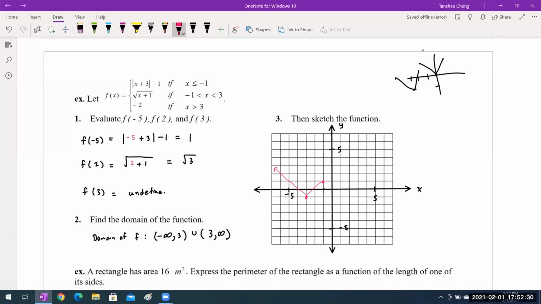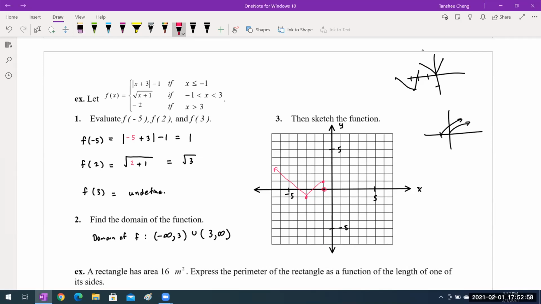Now let's take a look at the radical, which is a square root graph. The square root function looks like this, and it's shifted to the left 1 unit, so it's going to go like this. We can clearly see that it's not including -1 and 3, so we have an open circle at -1, right here.